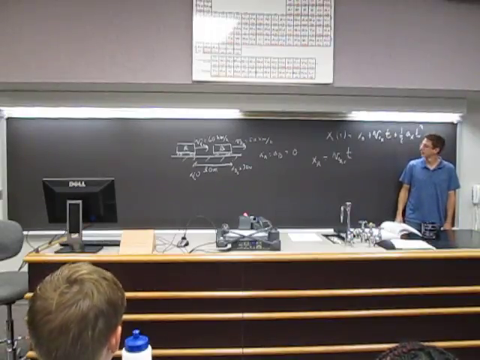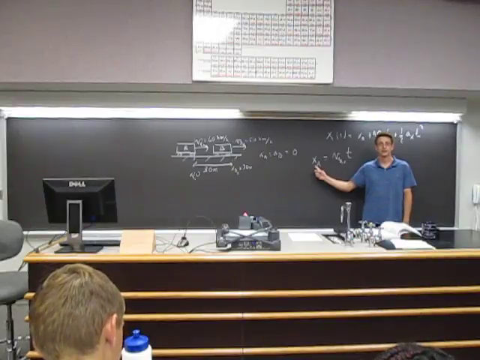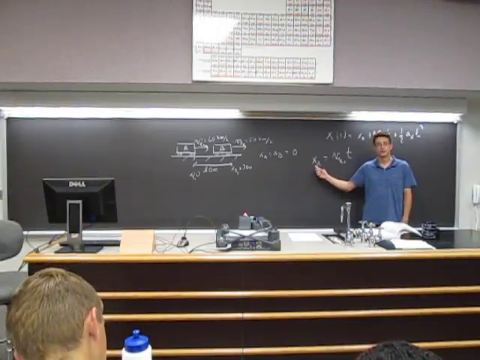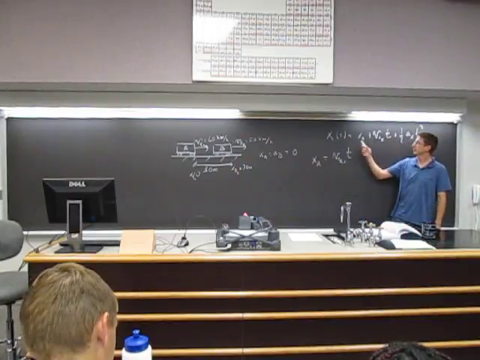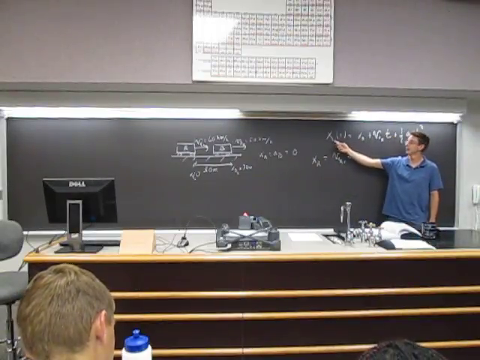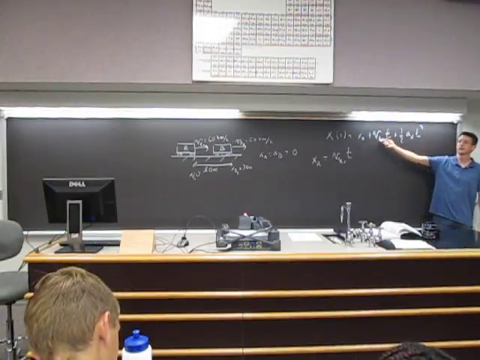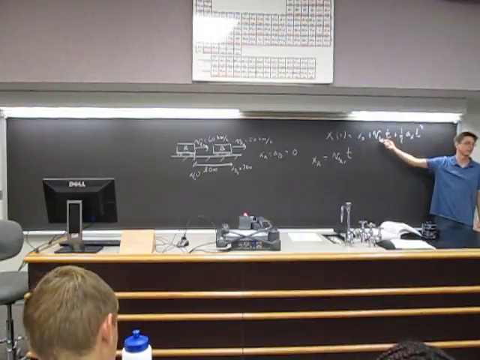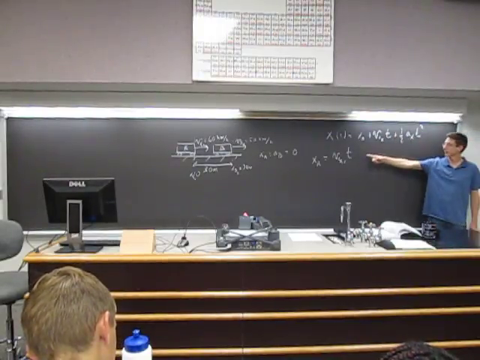This would be the x position of the red car. I just plug things in here. I'm looking at the position of the red car. The initial position 0. You have an initial velocity in the x direction times time. The acceleration is 0. So that equation becomes this.